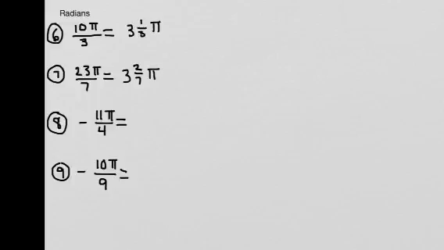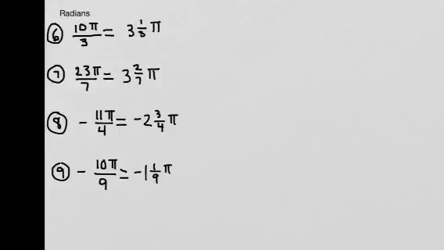For negative 11 pi over 12, 4 goes into 11 2 times, and 4 times 2 is 8, so that's 2 3/4. And then for negative 10 pi over 9, that's negative 1 and 1/9. So I'm just dividing the denominator into the numerator and seeing how many times it goes in, and then just changing it to a mixed number. So improper fraction to mixed number.